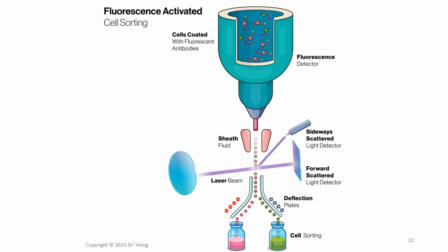Then the labeled cells are suspended in a stream of fluid and pass through a laser beam, and it excites the fluorescent markers, which emit light, and all this is detected. Now, the difference is that based on the fluorescent signal, the cells are sorted into different populations using an electrostatic charge, and those charged particles are deflected by electric fields, causing them to be directed into separate collection tubes or bottles.